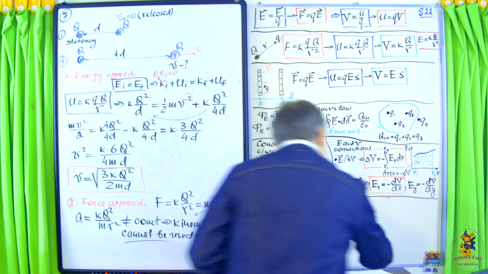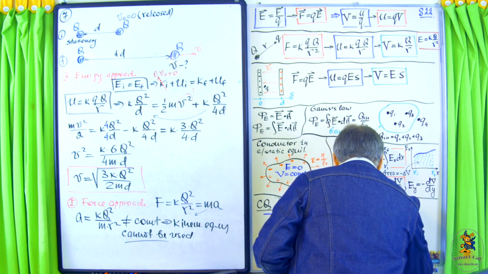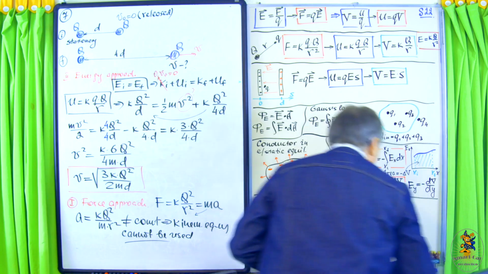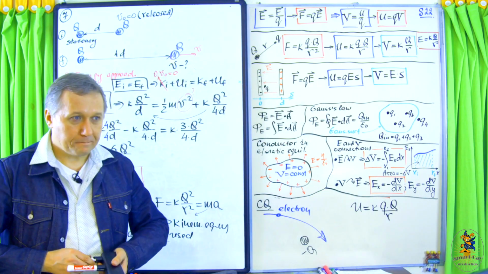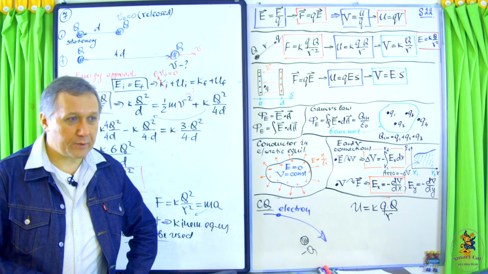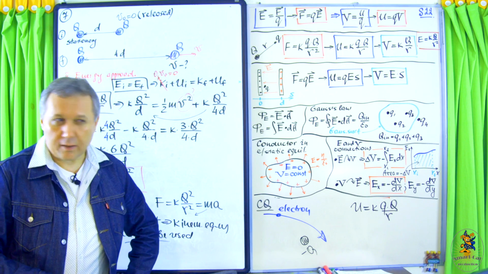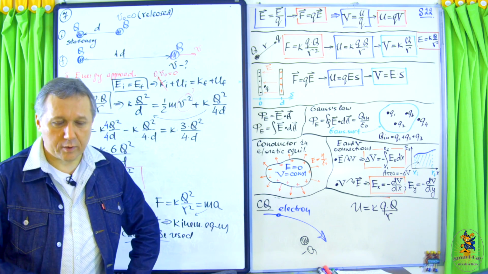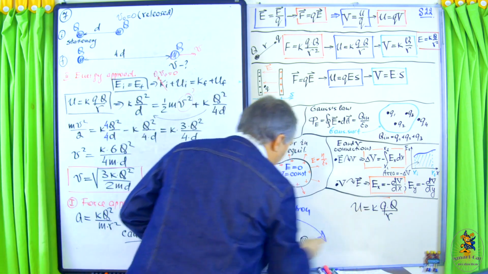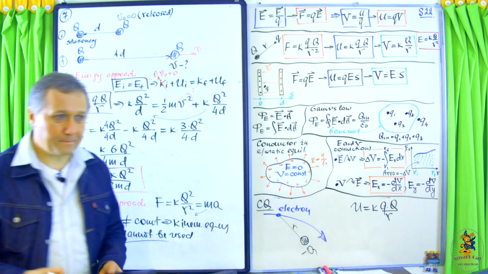Let me write the formula in general: U equals kQq over r. We just need to answer the question, what happens to the potential energy with time? You remember we had this in a clicker question in one of our lectures. So what is r? It's the distance between these charged particles.